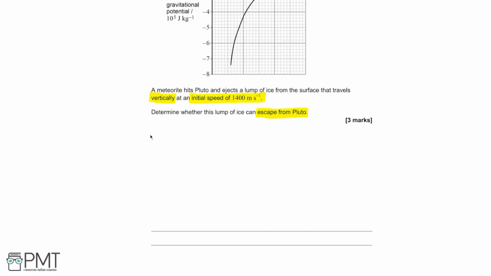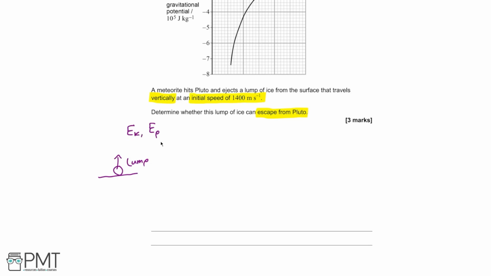In order to answer this question, it's convenient to consider the energy transfers that are going to have to occur for the lump to start on the surface of Pluto and then move upwards. In other words, we start with our lump and it's moving away with a certain amount of energy. The energy of the meteorite will be in 2 forms. It will have kinetic energy and it will have potential energy.